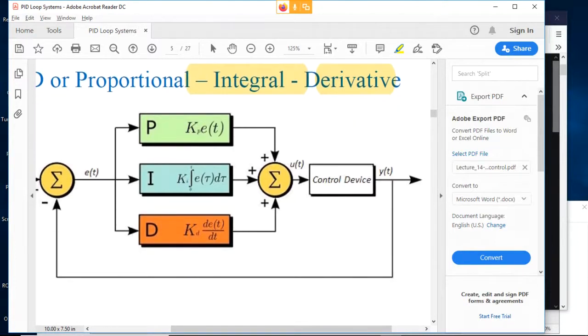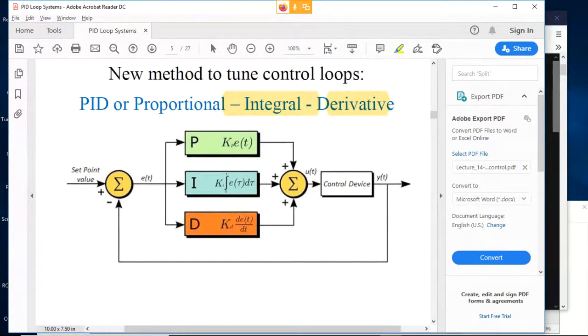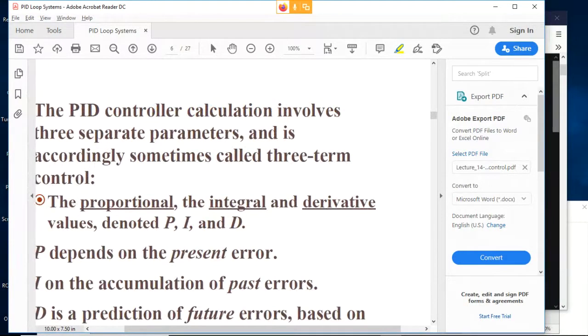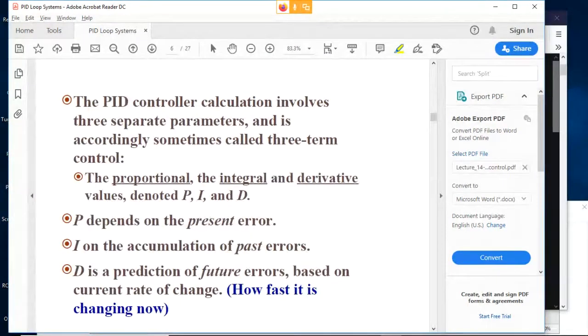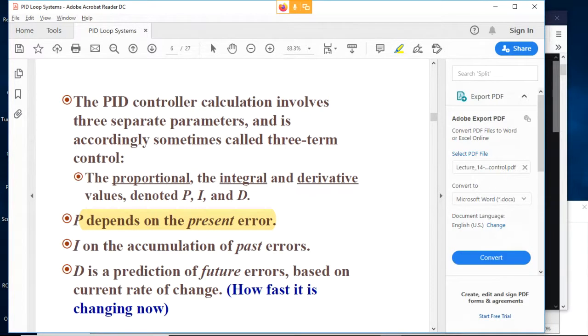All right, so just kind of going through the rest of the slides here, and you guys can read through these, okay? But as I mentioned, the proportional depends on the present error, and so it's going to respond to the error at this instant, okay? The integral is accumulating all your past errors.